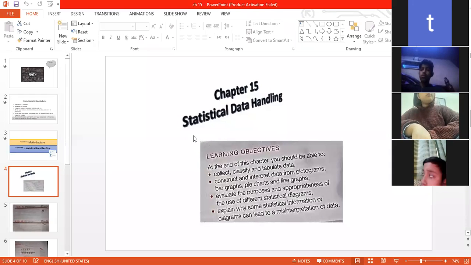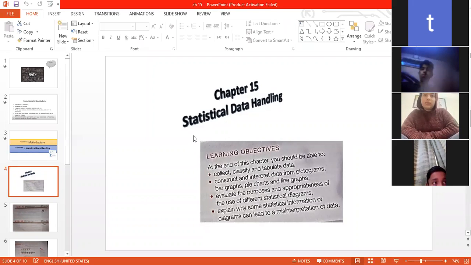We will discuss each and everything. These learning objectives are just to show that by the end of the chapter, you will be able to learn all these things, as we will be doing all of them in the class.